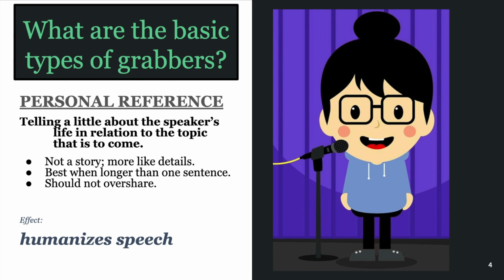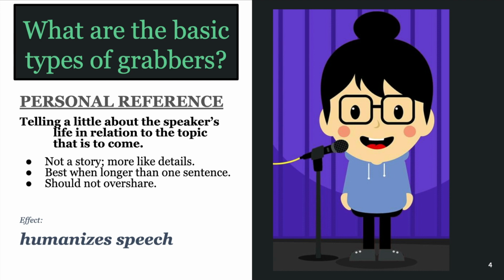So they shouldn't be an overshare, but they should basically be a way for the audience to become comfortable with you as the speaker. And the effect that these grabbers have is basically to humanize you and humanize the speech.